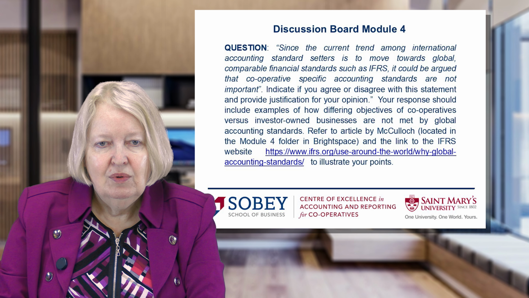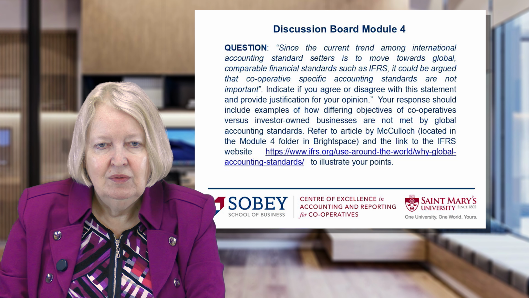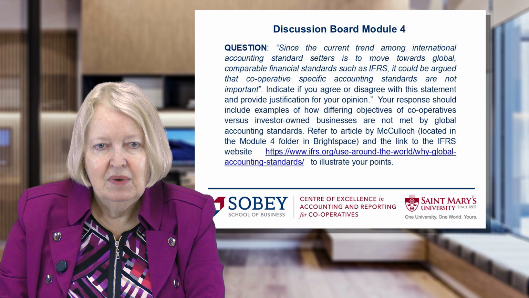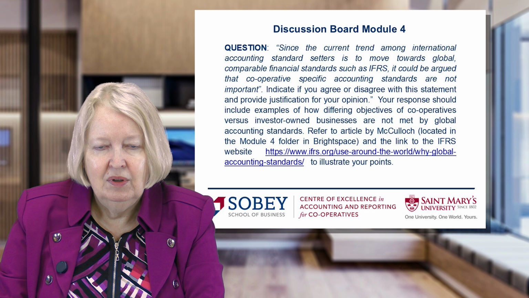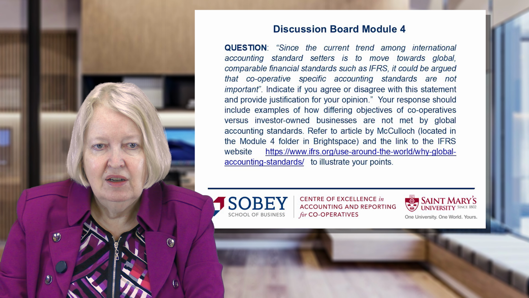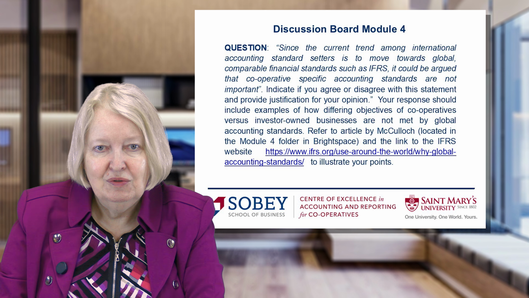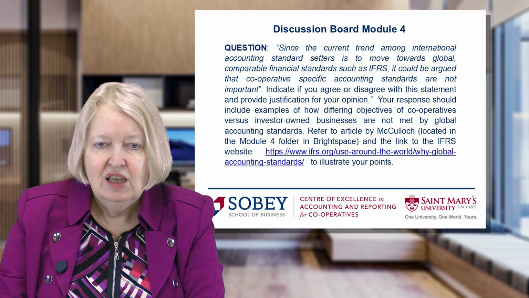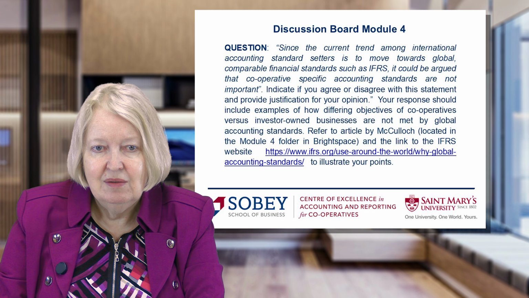So the discussion board question for this module is: since the current trend among international accounting standard setters is to move towards global comparable financial standards such as IFRS, it could be argued that cooperative-specific standards are not important. That's a statement, so what you need to do for this assignment is indicate if you agree or disagree with the statement and provide justification for your opinion.